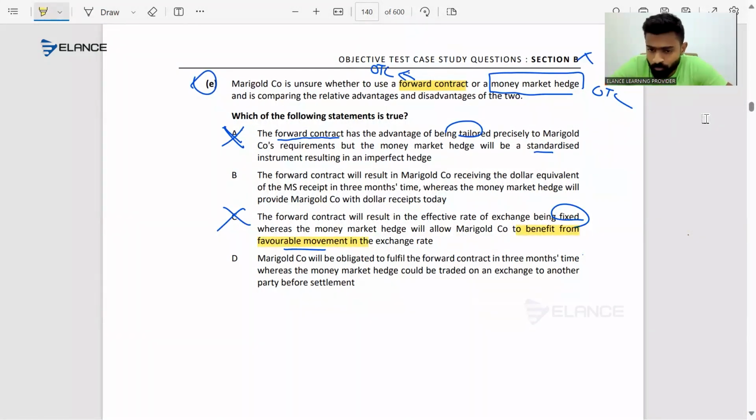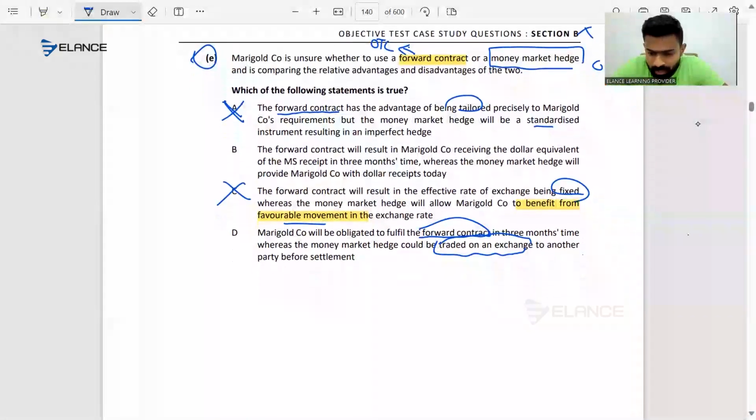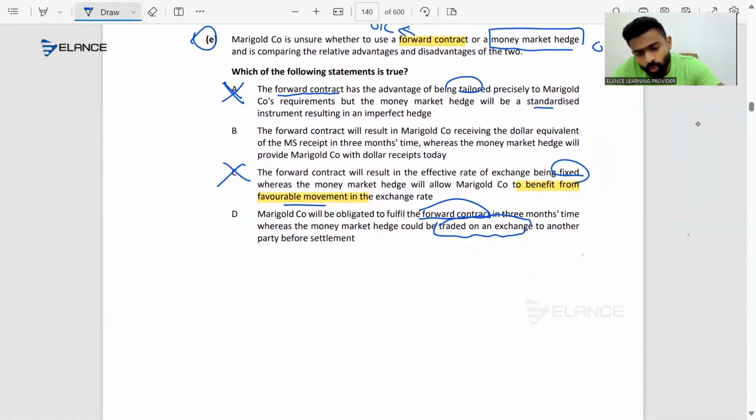It is options, right? So that's also wrong. Similarly, Marigold will be obligated to fulfill the forward contract, but money market contracts are traded on an exchange. Is it an exchange-traded derivative contract? Is money market an exchange-traded contract? No. So this is also wrong.